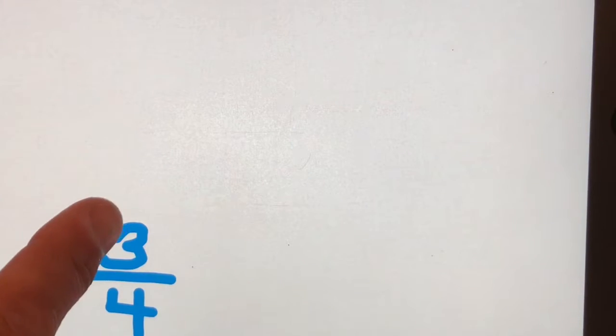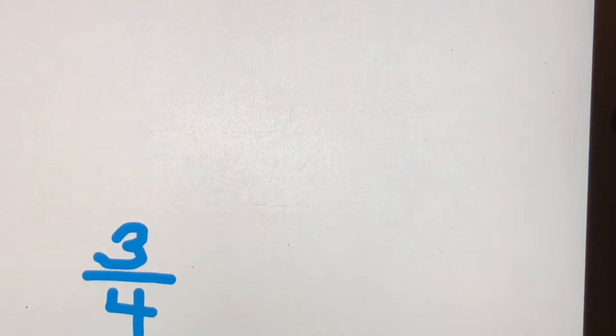So I'm going to start by rewriting our problem. I'm going to use a couple of different colors this time. I want to write our first fraction, which is 3/4. And again, reminding ourselves that means 3 out of 4 with a unit size of 4.